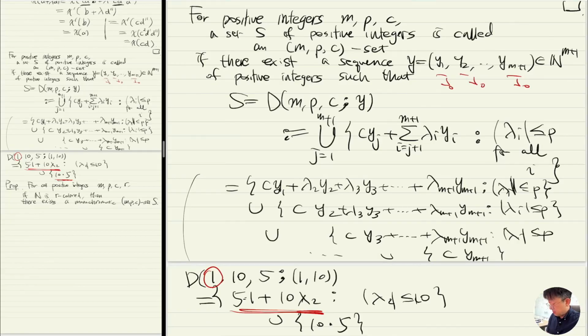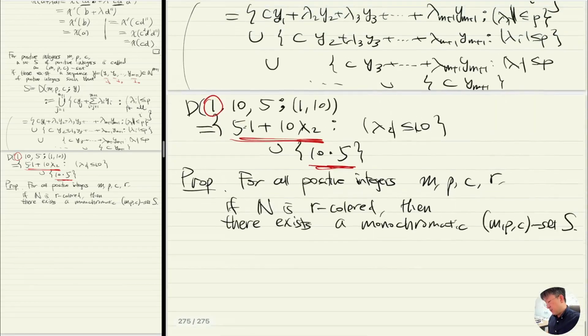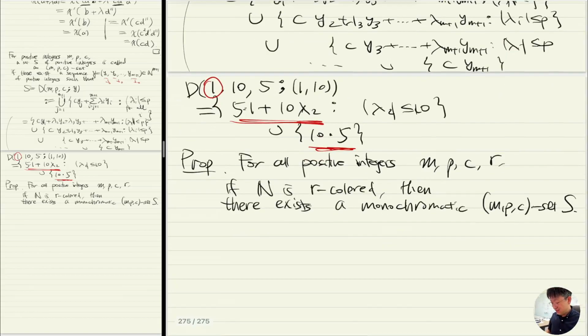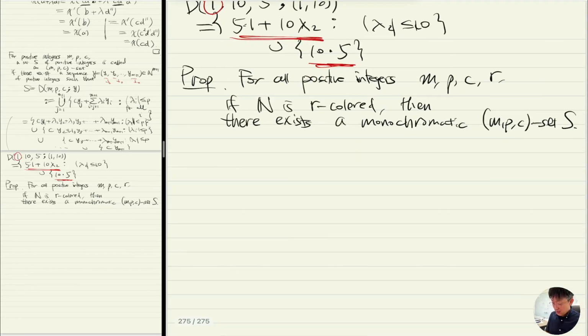Because these are positive integers. Otherwise, it's trivial. You can take all y's to be 0, and then it will be too trivial.